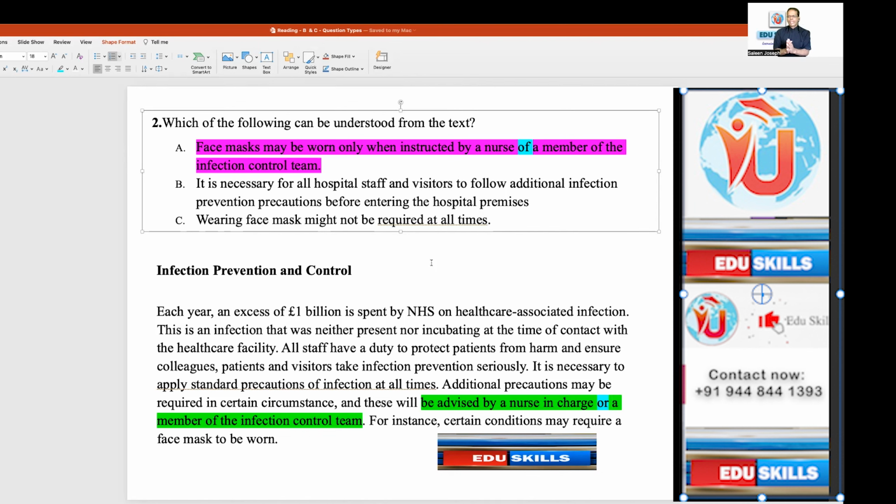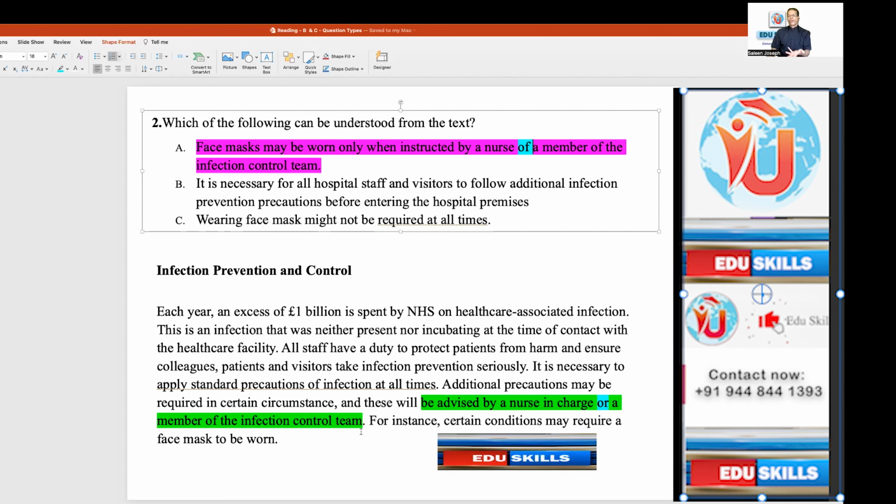When you read, make it very clear that the sentence or the option goes along with the text. If you have a doubt here, what happens? Normally we take it for granted and we read it, it is the same. For example, here it says these will be advised by a nurse in charge or a member of the infection control team.